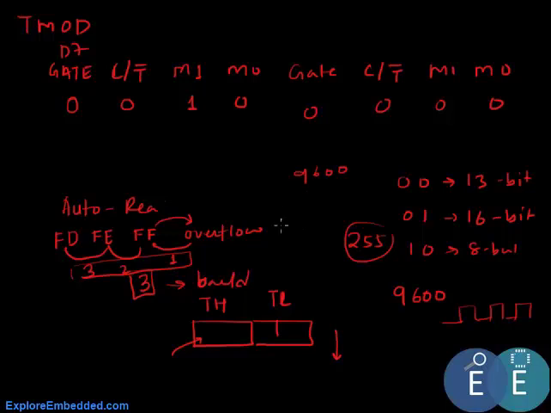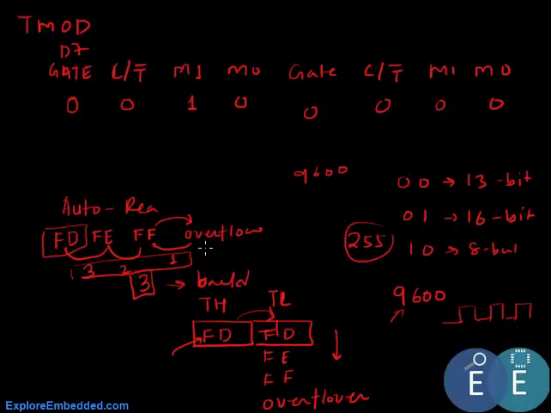Now what we could do is load this value FD in TH. This value will be copied to TL in auto reload mode, and it goes to FE, FF and then it overflows. Once it overflows, we get a baud rate of 9600.